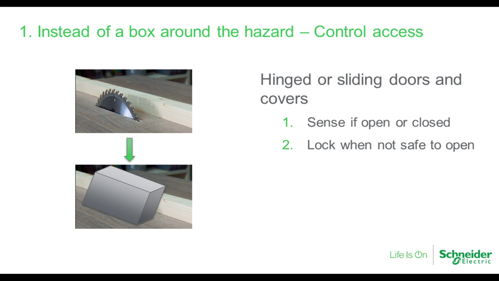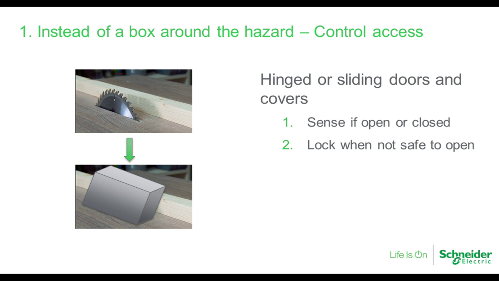It's doors that open and close. And in all of these cases, if they're automated, what we're usually looking to do is to sense whether or not those doors are open and closed, so that the control system can respond accordingly. If access is allowed, in other words, if the cover is open, then probably at that point you're going to have your functional machine safety automated controls turn that part of the machine off, right?